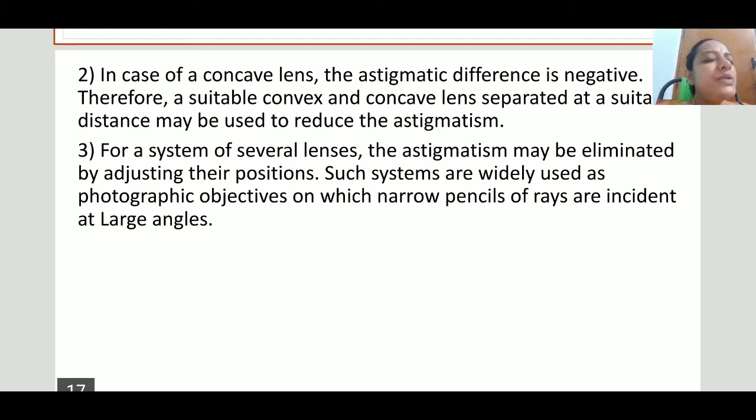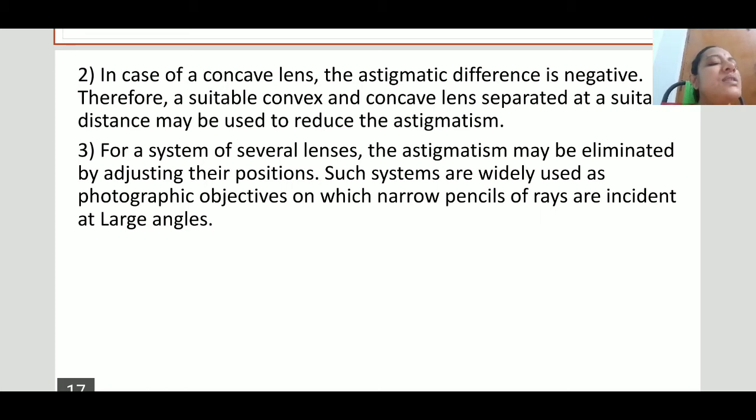Therefore, by using suitable convex and concave lenses separated at a suitable distance, this astigmatism may be reduced. Suppose the system contains several lenses; the astigmatism may be eliminated by adjusting their positions.